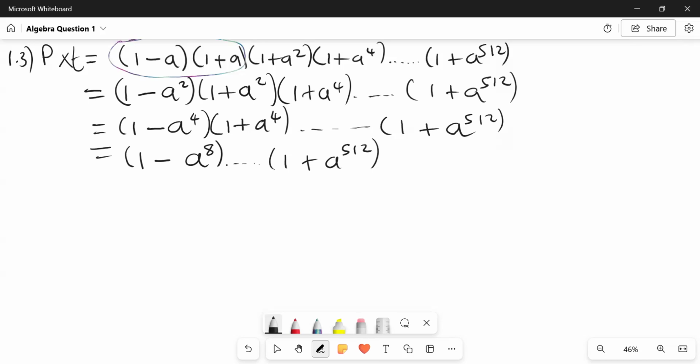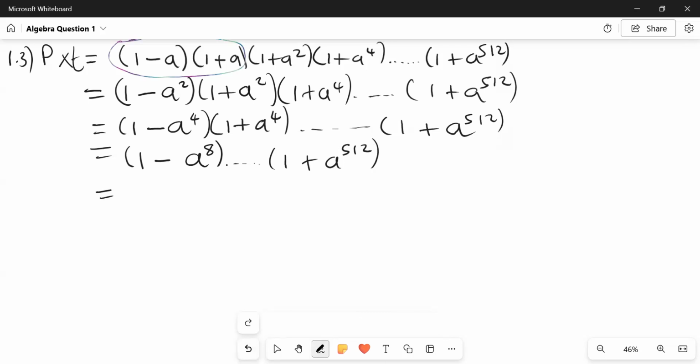And then from here, I believe that we all understand that. As from here, we can now say 1 minus a to the power 9 continues to a to the power 10, continues 11, 12, and so forth. So it's a sequence till we reach a to the power 512, right? But using 1 minus.